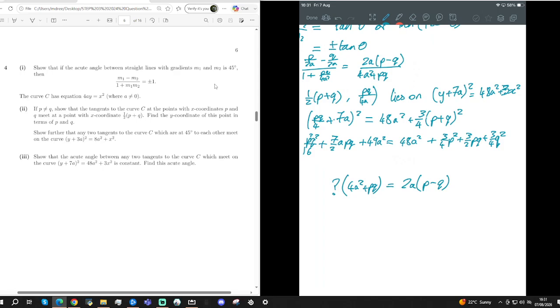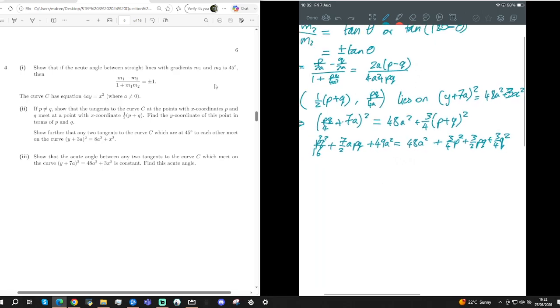And there's quite a lot of barriers to that at the moment. Things to collect together. I do think I want to multiply through. Do I want to multiply through by 16? Or do I just want to multiply through by 4? And the debate there is because these two cancel to be an a squared, and I want a 4a squared. I think I still want to multiply through by 16 though, and then I'll divide through by a 4 later on.